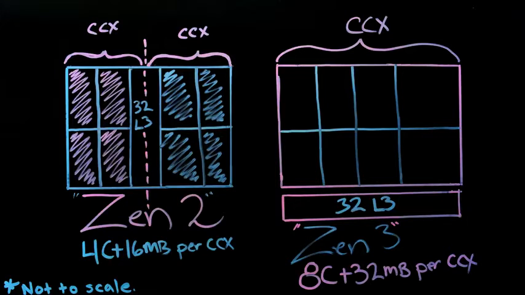You've got all 8 cores that can all talk to one another directly. And you've got 32 megs of cache where all the cores can talk directly to that too. So that's a lot more synchronicity in the design, a lot lower latency in the design. And that is a design goal that games really, really love. I think you're going to be really impressed by the gaming performance that the Zen 3 architecture can turn out.